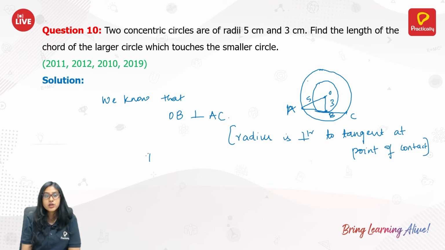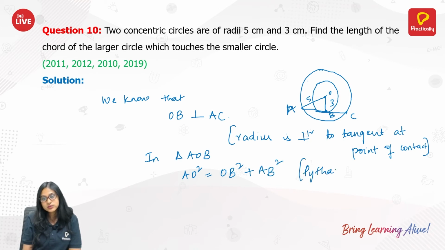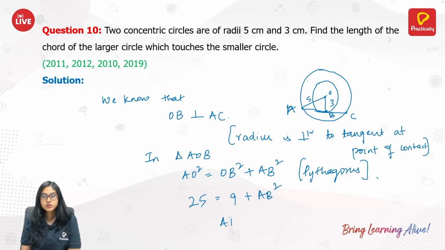Let's do it now. So, in triangle AOB, AO square equals OB square plus AB square. Why? Pythagoras. What is AO square? 5 square, 25 equals, what is OB square? 3 square, 9 plus AB square. So, AB square equals 25 minus 9, 16.